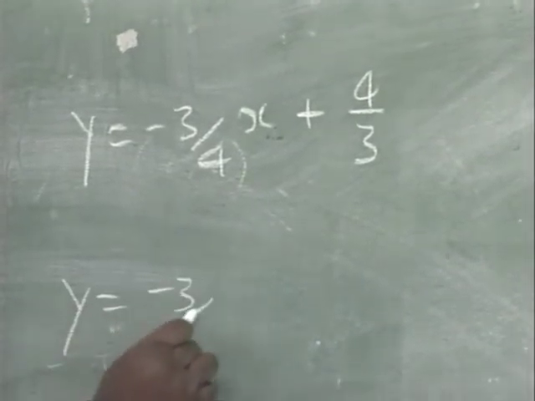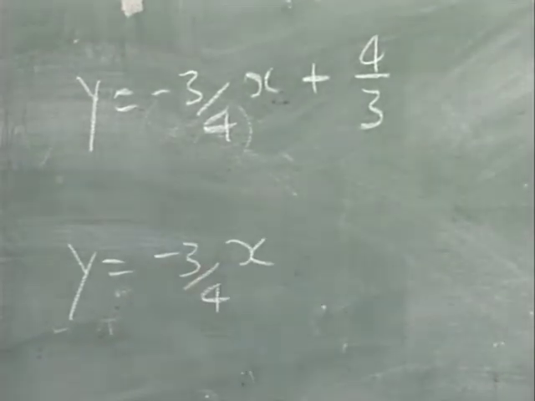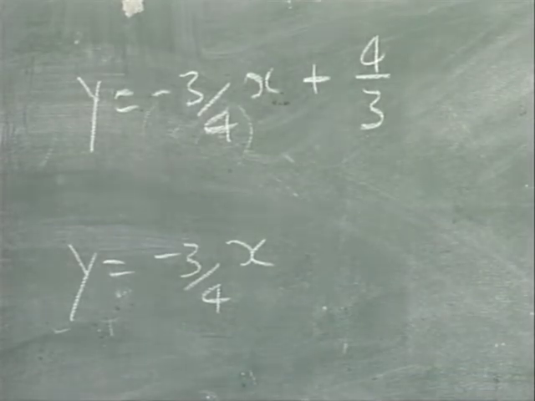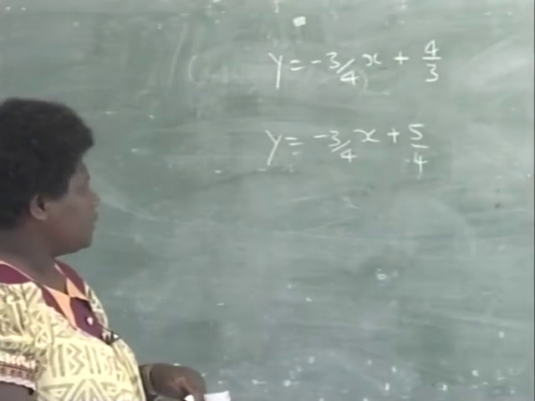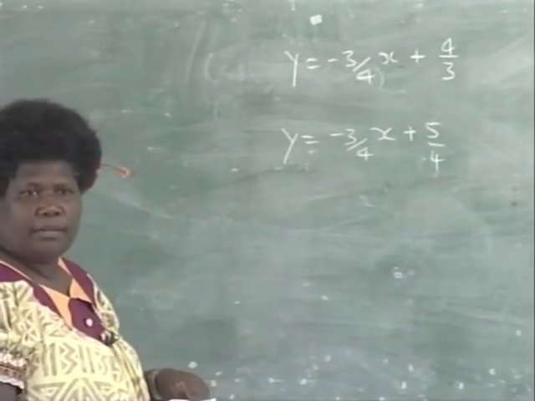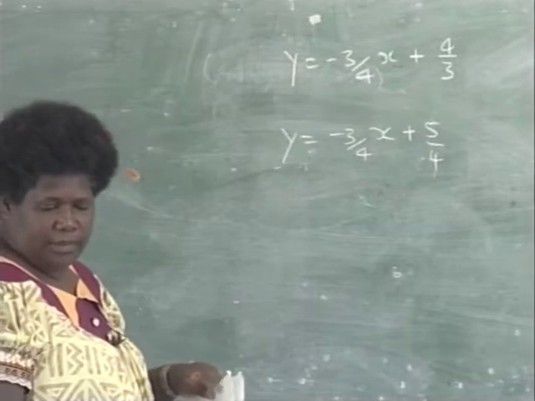Who's got a different answer? Rita? It's 5 on 4. Y equals minus 3 on 4x plus 5 on 4. Any other person with a different answer?